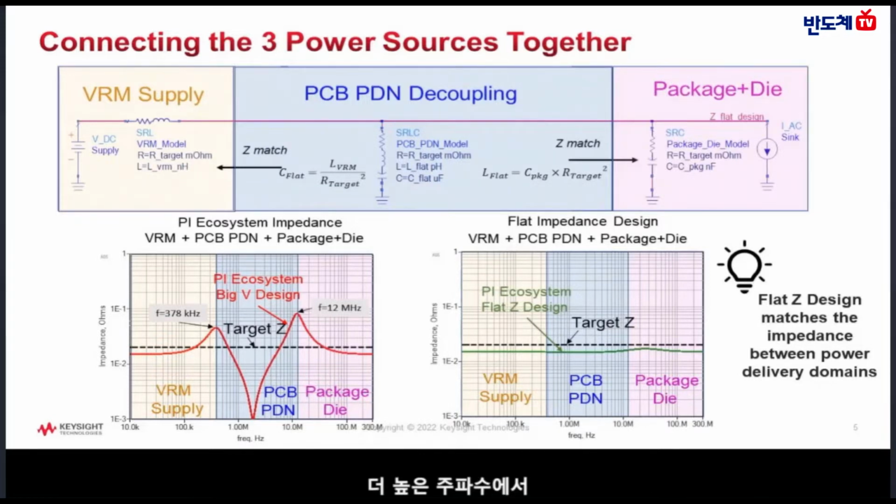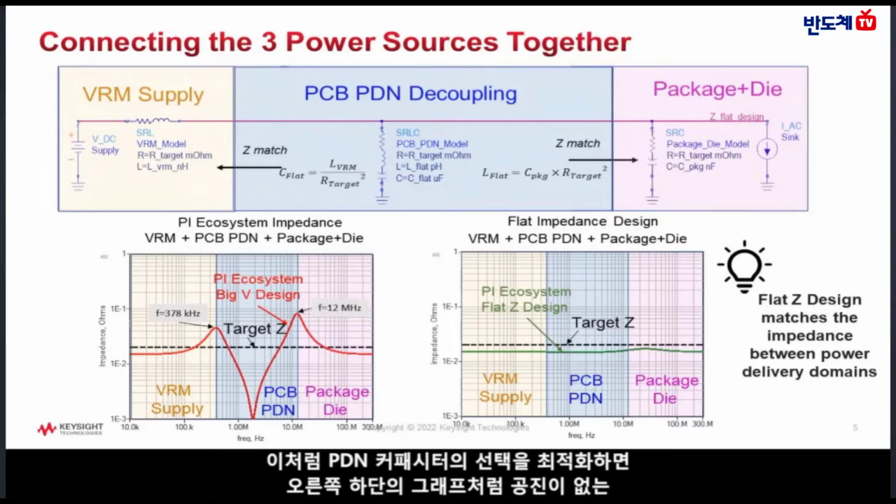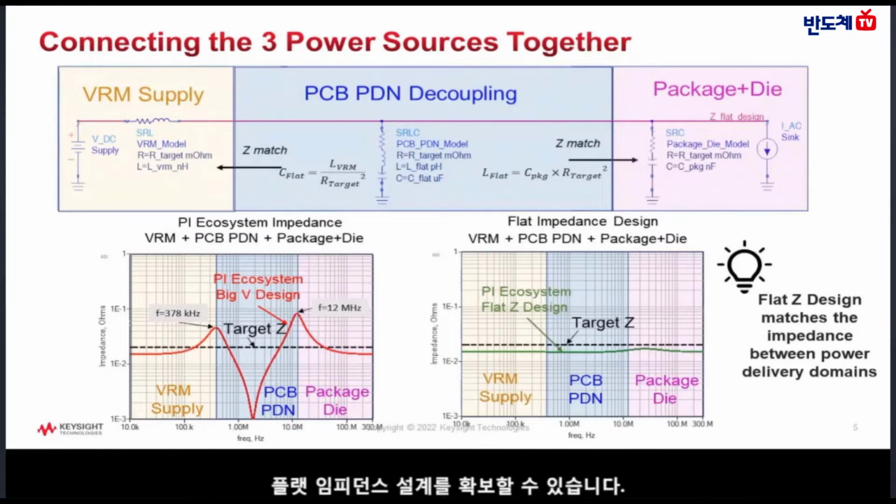At the higher frequencies, to match the package capacitance, simply reduce the PDN inductance until it is equal to the package capacitance times the target resistance squared, as shown in the equations here in the top schematic. This optimized selection of the PDN capacitors results in the resonant-free flat impedance design shown in the graph on the bottom right.